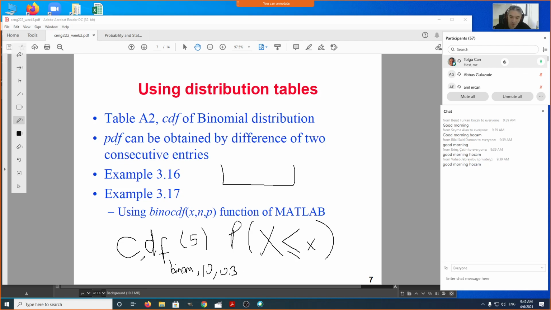If we wonder about the probability of obtaining exactly 4 successes in 10 trials with this success probability, we simply subtract CDF at 3 from CDF at 4 to figure out the probability of obtaining exactly 4.